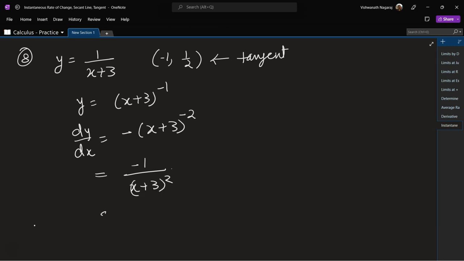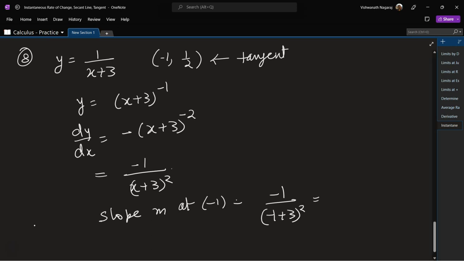And the slope, that is m, at x equal to minus 1, is going to be minus 1 by minus 1 plus 3 square, which is equal to minus 1 by 2 square, which is minus 1 by 4. So we have a point and we have the slope.